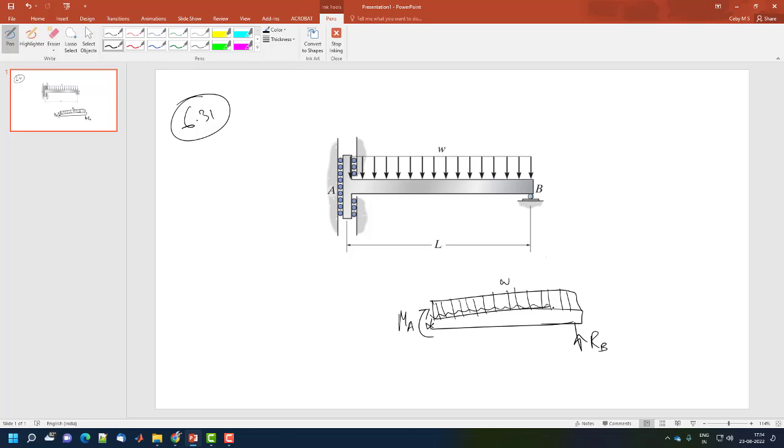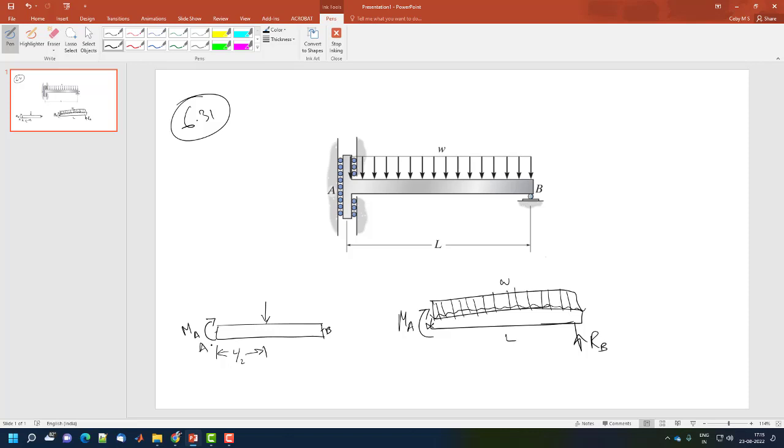Since it is a uniformly acting load, we can assume that this particular load is acting at the center, L by 2. This is L. The moment is MA at A, and this is B. It would be better to write this A outside.